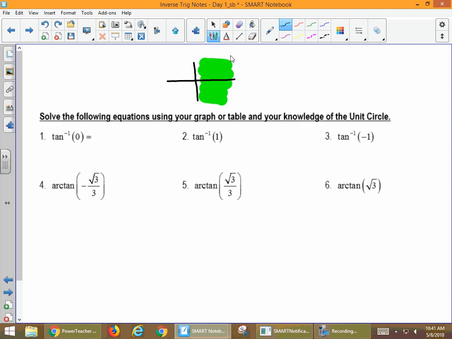So your answer options for tangent are 0, pi over 6, pi over 4, pi over 3, pi over 2, and then the negatives. Negative pi over 6, negative pi over 4, negative pi over 3, negative pi over 2. Those are your only options for tangent and for sine. It's nice to have a small number of options.